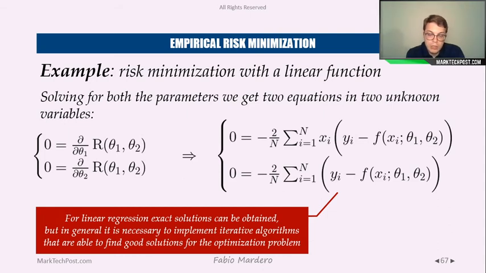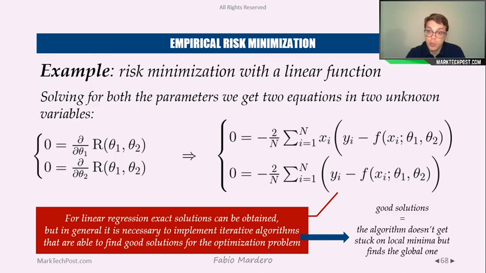And in particular, those algorithms need to be able to find good solutions for the optimization problem. And by good solutions, we mean that the algorithm must not get stuck on local minima or saddle points, but has to find the global minimum.